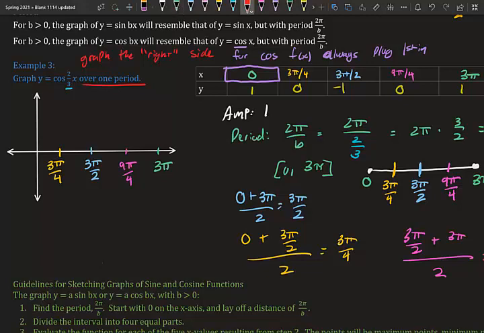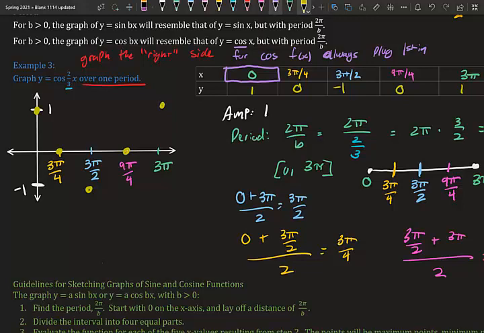And our amplitude was 1. So our first point is at 0, 1. Then we have 3 pi over 4 is 0, 3 pi over 2 is -1, 9 pi over 4 is 0, and then 3 pi is 1. And we connect the dots.